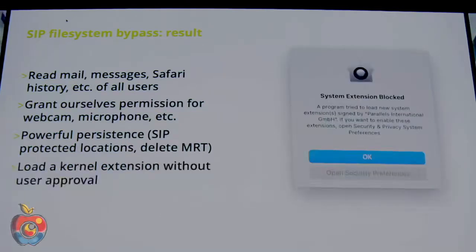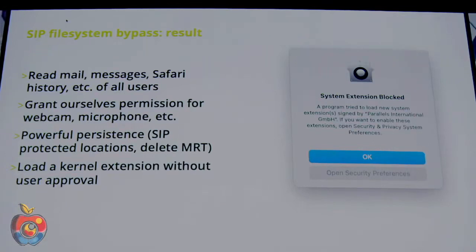And also, as a final step, I could load a kernel extension without user approval. So there's a database for kernel extensions that the user has approved. And normally the user needs to see a prompt like this where they need to click OK and go to system preferences and also approve a kernel extension specifically. But because I could modify that database, I could just load any kernel extension without the user ever seeing anything happen.